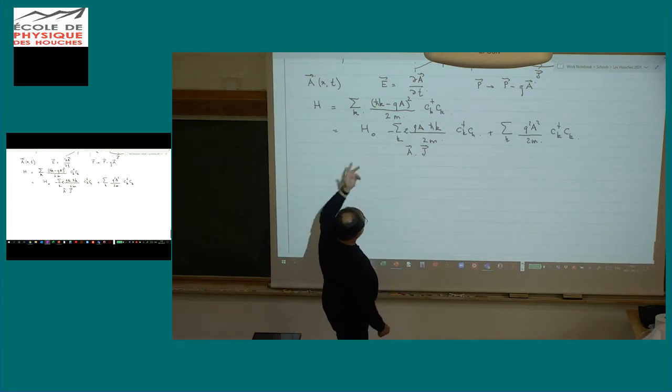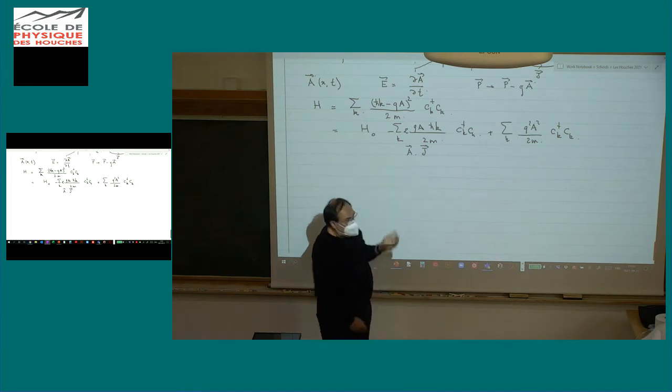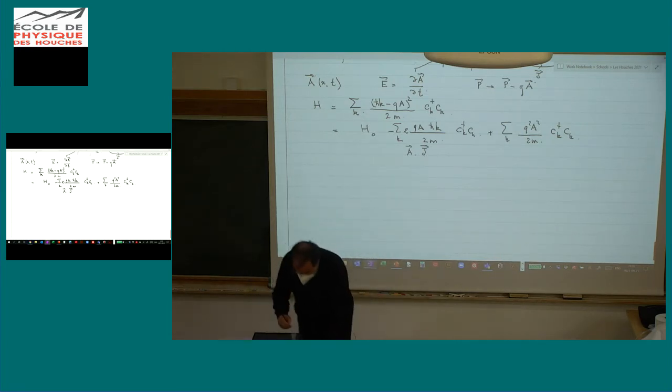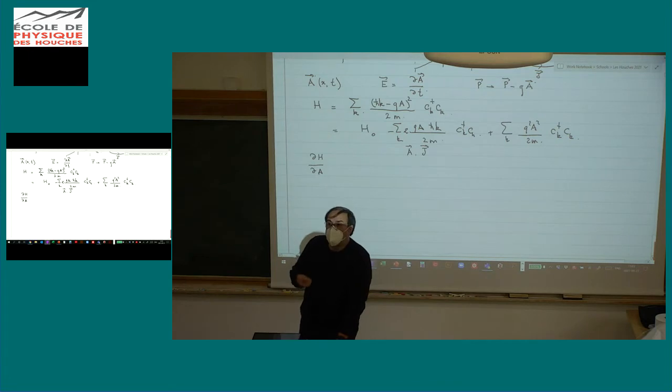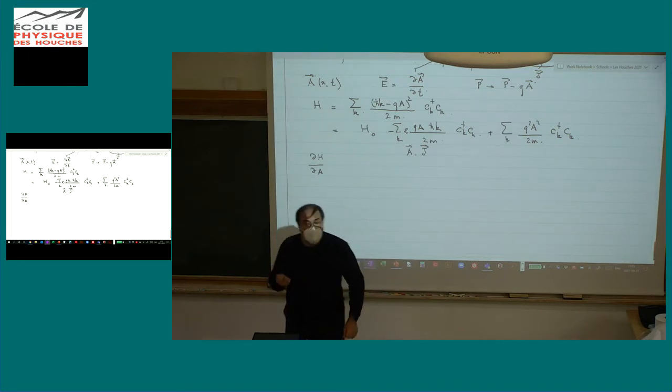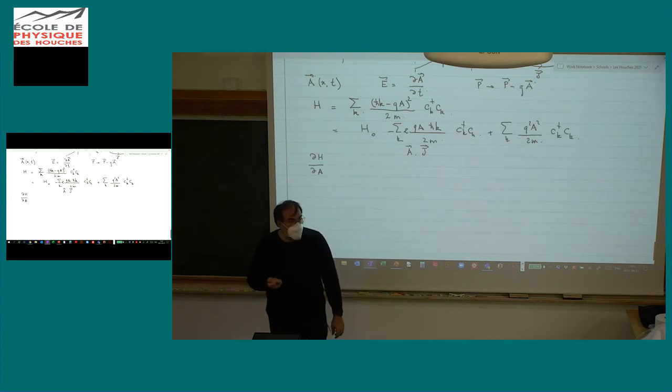So it tells you two things, by the way. If I want to determine the current, I can do it by differentiating the Hamiltonian with respect to the vector potential. This is convenient when the dispersion is not K squared over 2m. Let's say you are on a tight binding Hamiltonian, and the dispersion is cosine K. What is the current?